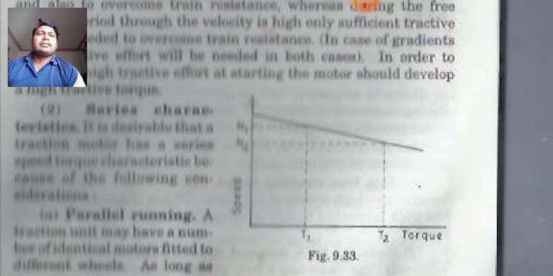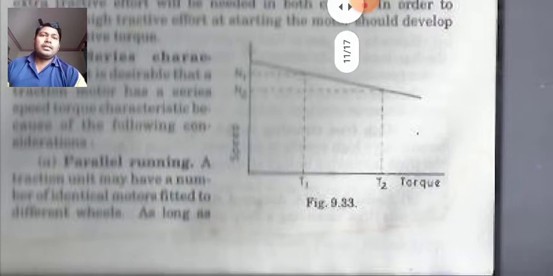Series characteristics. It is desirable that the traction motor has series speed torque characteristics because of the following considerations. Parallel running. A traction unit may have a number of identical motors fitted to different wheels.